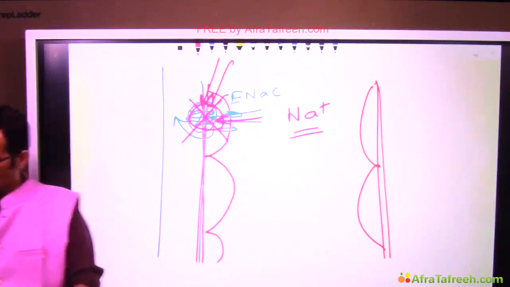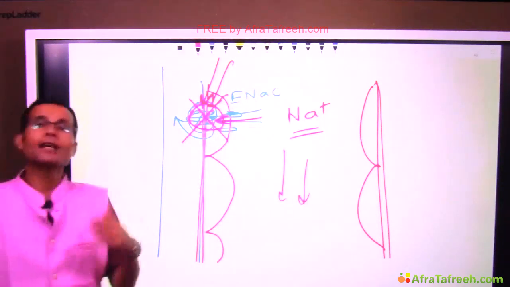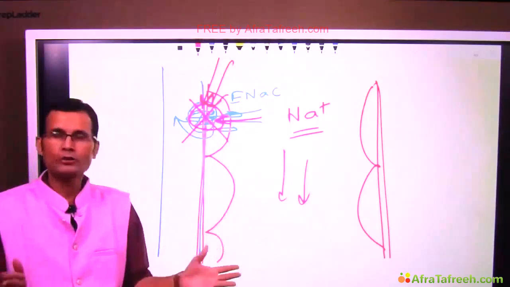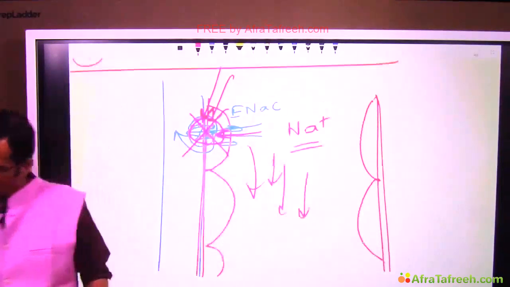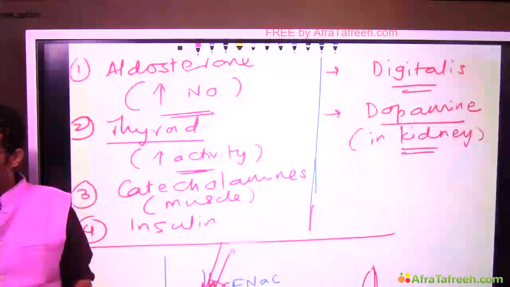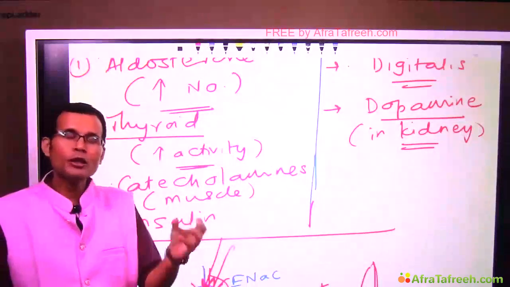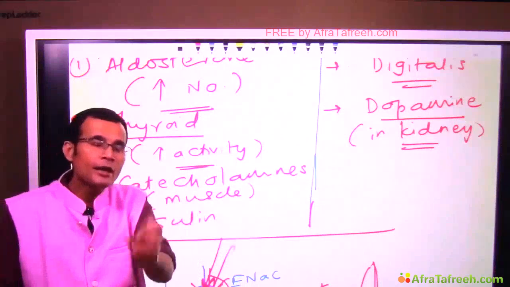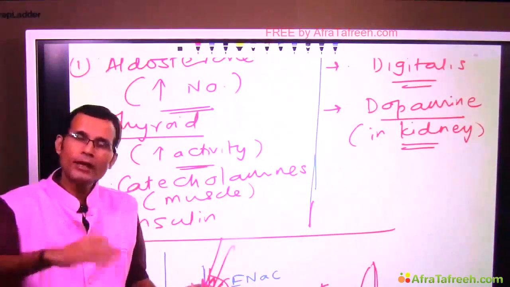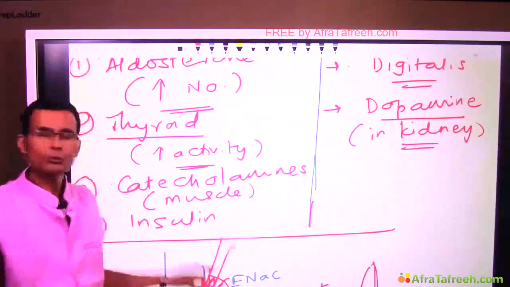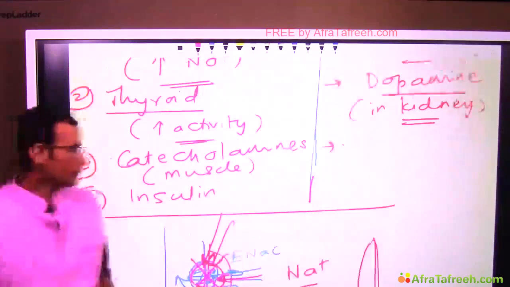That means sodium will be lost into the urine, and that means water by osmosis will be lost into the urine. So by doing this, dopamine will also decrease the ECF volume. It will cause natriuresis and diuresis by inhibiting the sodium potassium pump in the kidney.